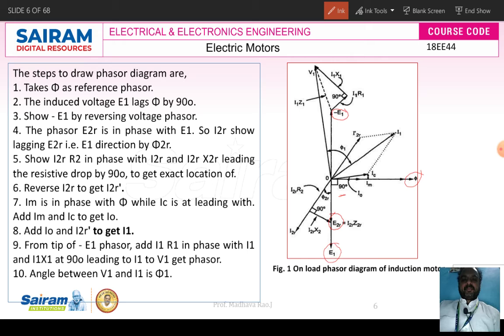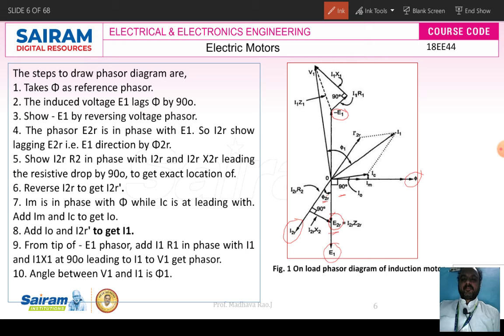So I2R lags E2R, that is the E1 direction, by some angle phi 2R.